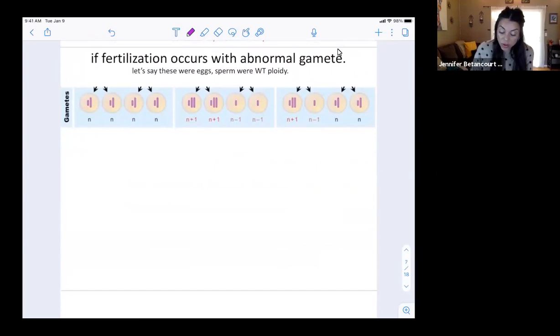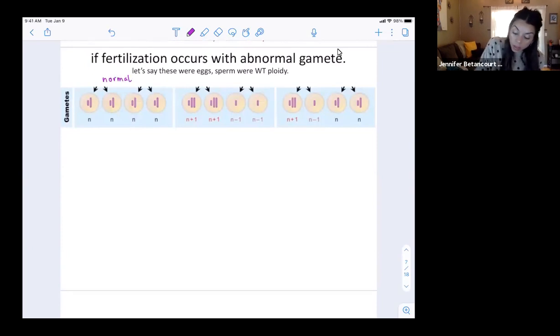Okay, so if fertilization occurs with an abnormal gamete, what's gonna happen? Let's just say all of these in this cartoon are eggs, okay? And eggs need to be fertilized by sperm. And so this is going to be normal, right? The normal situation.